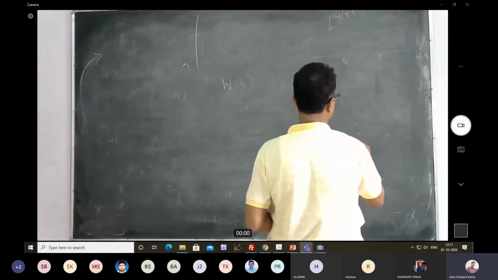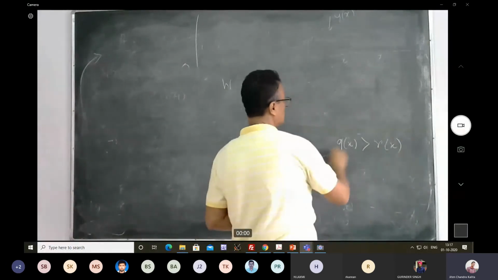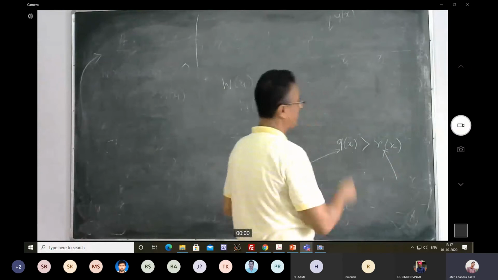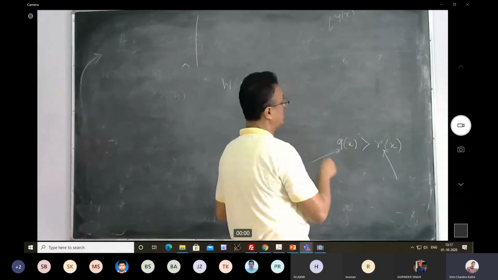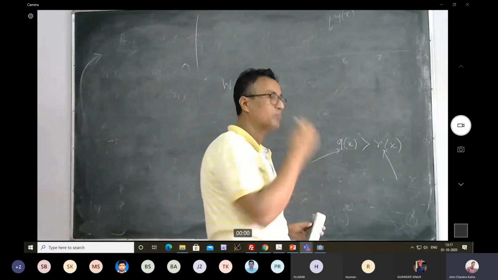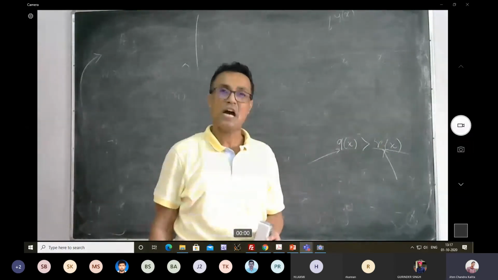So what does it tell you? Basically, it tells you that the differential equation having q(x) as coefficient is going to have more number of zeros than the one having r(x).